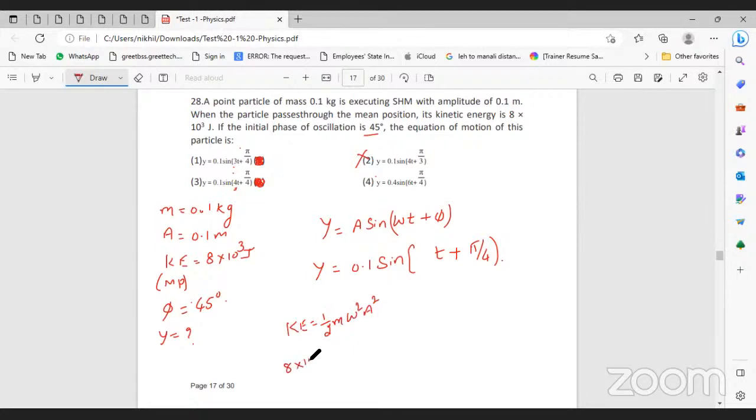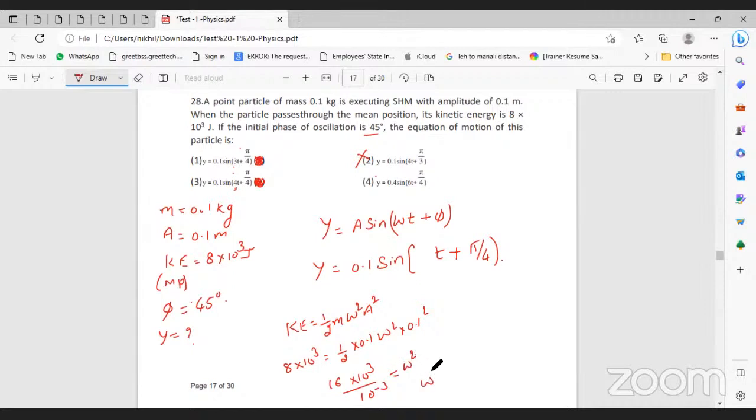Kinetic energy is 8 into 10 power 3. Half into m is 0.1 into omega squared, and a squared is 0.1 squared. So on cross multiplying, 8 into 2 will be 16 into 10 power 3 into 10 power minus 1 and 10 power minus 2, so 10 power minus 3 will be omega squared.